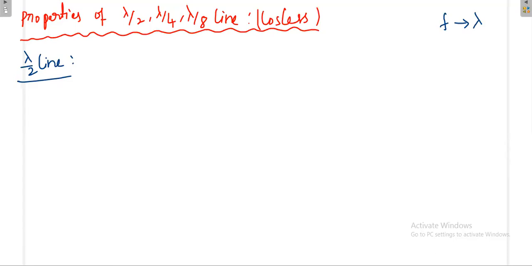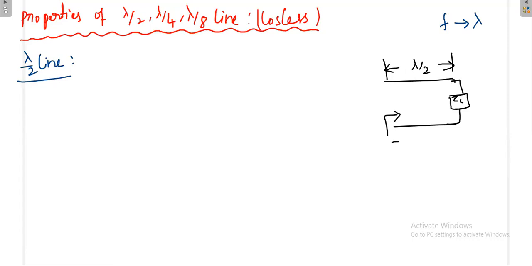Once you have a lambda by 2 line, say for example this is your line, then you connect some load ZL here. The length of the line is lambda by 2, and we are going to identify the input impedance.